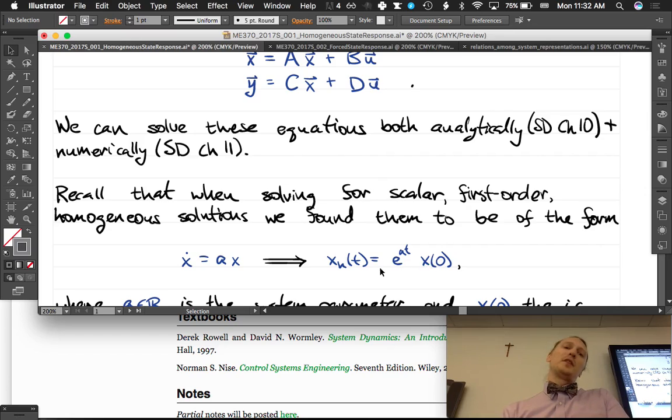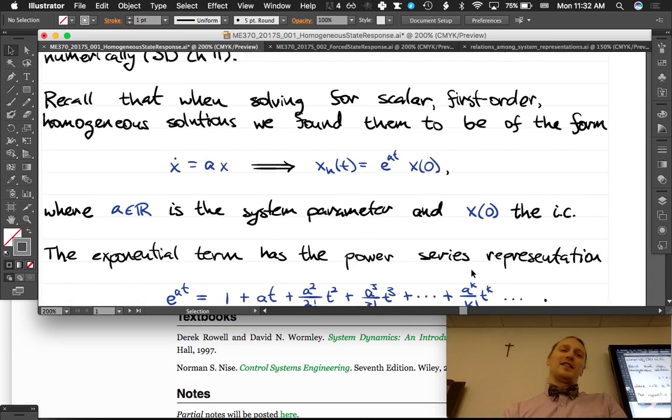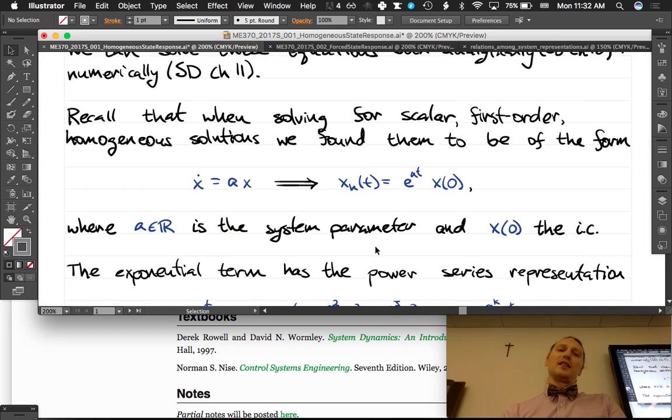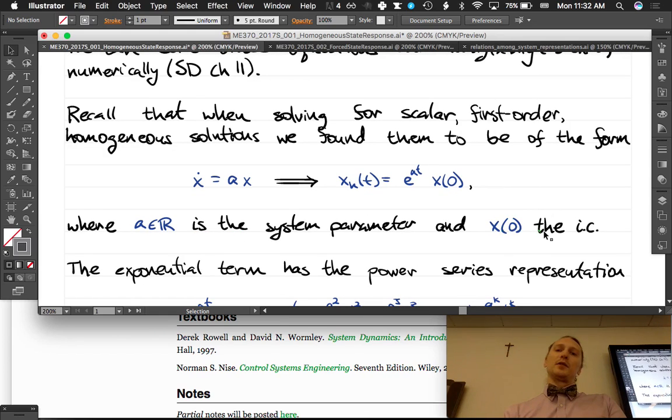Well, the homogeneous solution technically has just a constant here. But if we plug in the initial condition as x of 0, we find out that x of 0 shows up there as the constant. So it's a pretty nice little solution. Now, we're going to use this to cheat a little bit, okay? Where a is just a constant, a real number, a system parameter, and this is the initial condition.